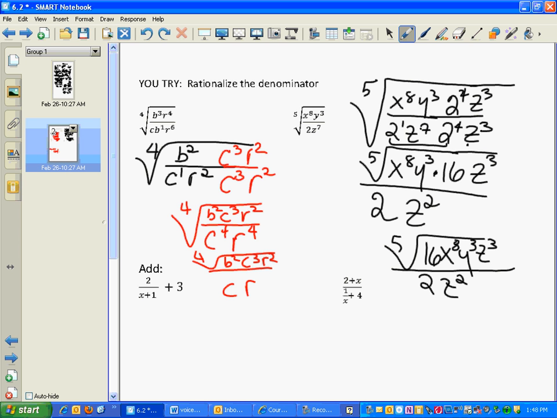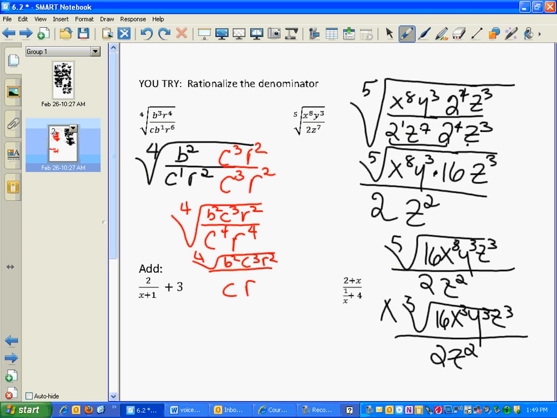The x has an exponent of 8, doesn't it? How many groups of 5's are in 8? 1. How many would be left under the root? 3. So this is going to be the 5th root, and we can pull out an x. 16, x to the 3rd, y to the 3rd, z to the 3rd, 2z squared.